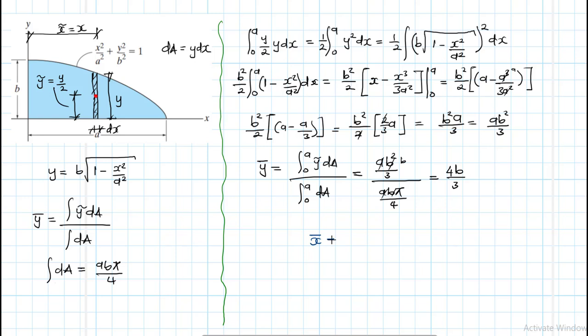We have x bar, which is equal to 4a divided by 3 pi, and then we have y bar, which is equal to 4b divided by, sorry, there's also a pi down there, yes, so 4b divided by 3 pi.